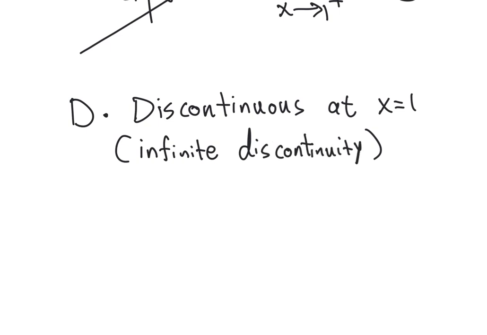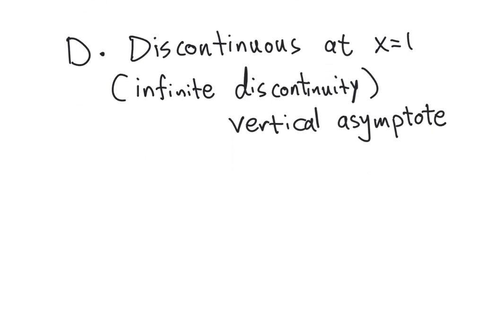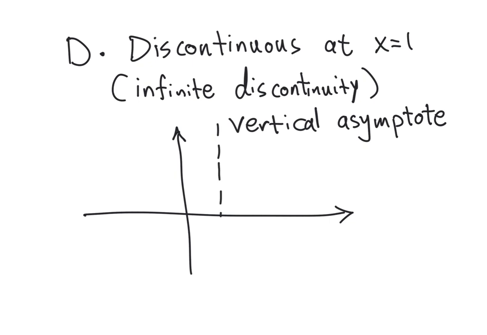In some textbooks you see vertical asymptote. So if we have a vertical asymptote, then the function is discontinuous at the given point. For example, here we expect to see the function is discontinuous at 1 because we have a vertical asymptote at x equals 1.